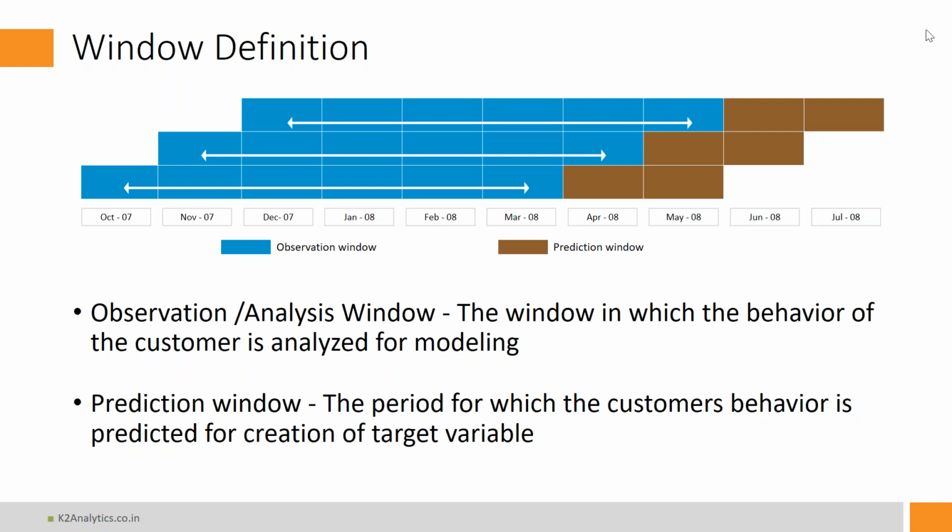I may create slabs: 21 to 30, 30 to 40, 40 to 50, and greater than 50. Now this bucket variable is coming in the model and is stable.